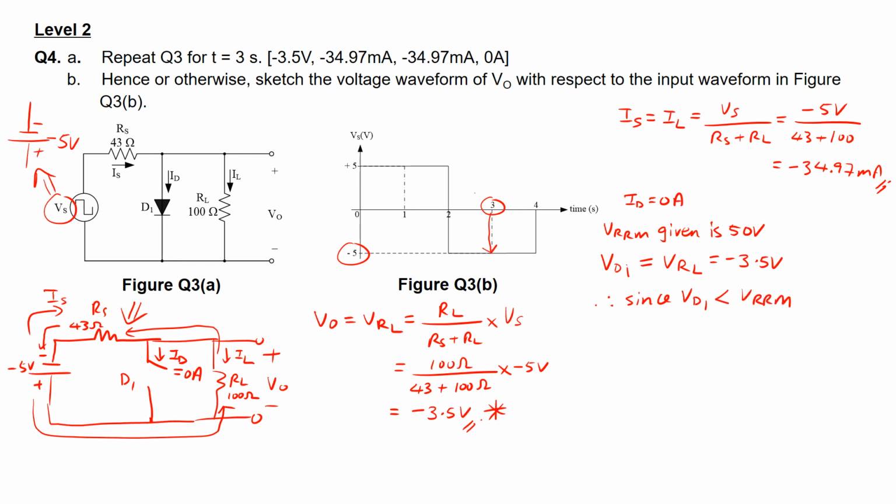Now take note, this VRRM, no doubt, is given as 50 volts, but it's actually a negative value, so we should disregard the negative sign. So VD1 in reverse will be 3.5 volts, and VRRM is 50 volts. Therefore D1 is still working properly.